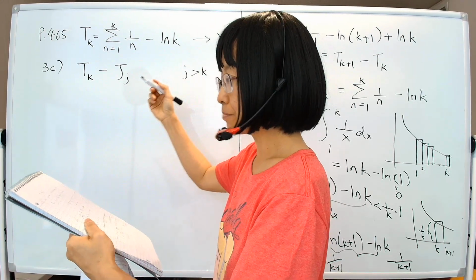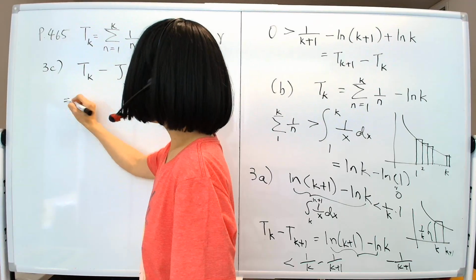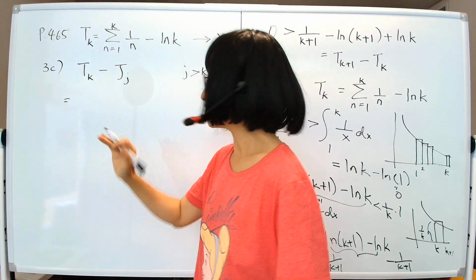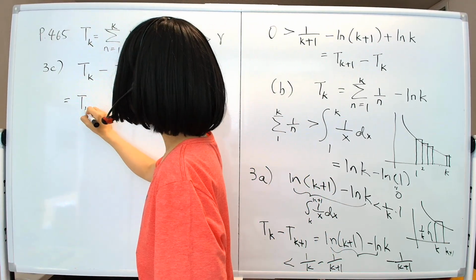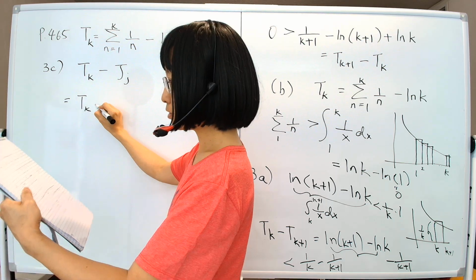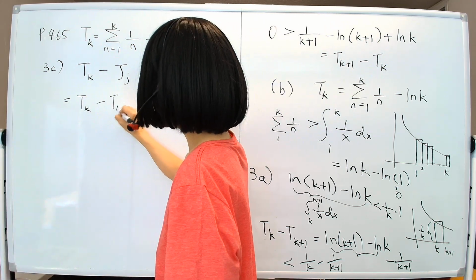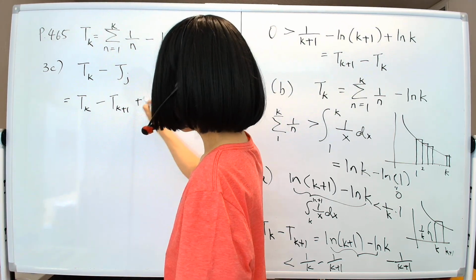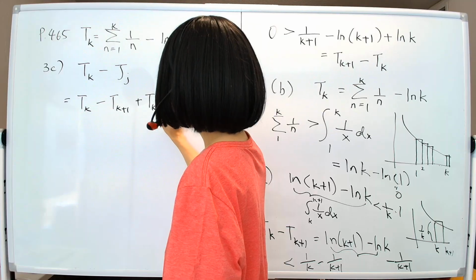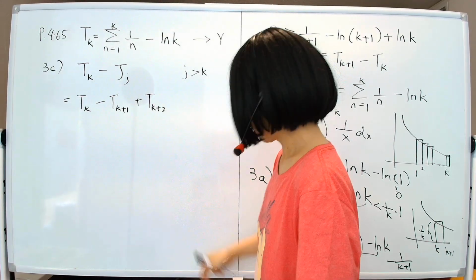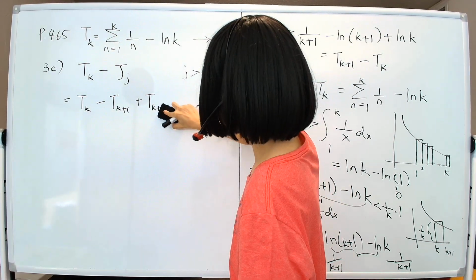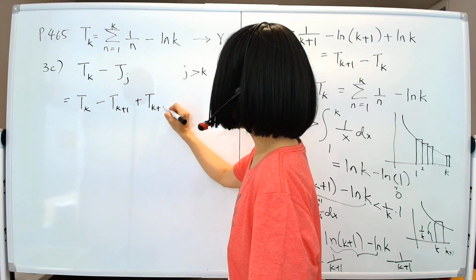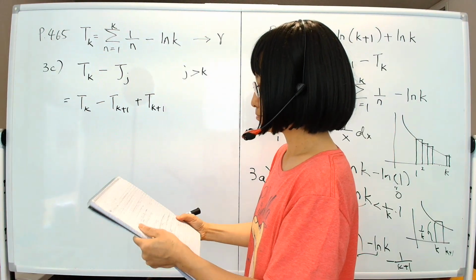So we'll have t_k, first subtract t_(k+1), and then add it back, t_(k+1). We're adding the same thing, so we're not changing anything.